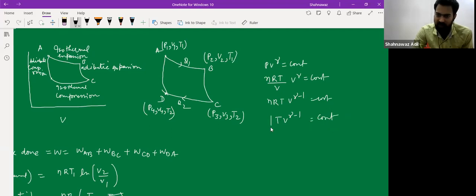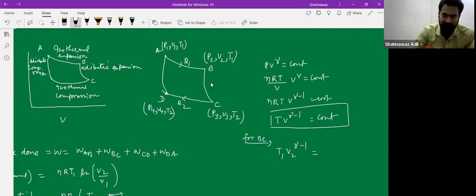So for BC, going from V2 to V3, we will have T1 V2^(gamma minus 1) equal to T2 V3^(gamma minus 1), right?